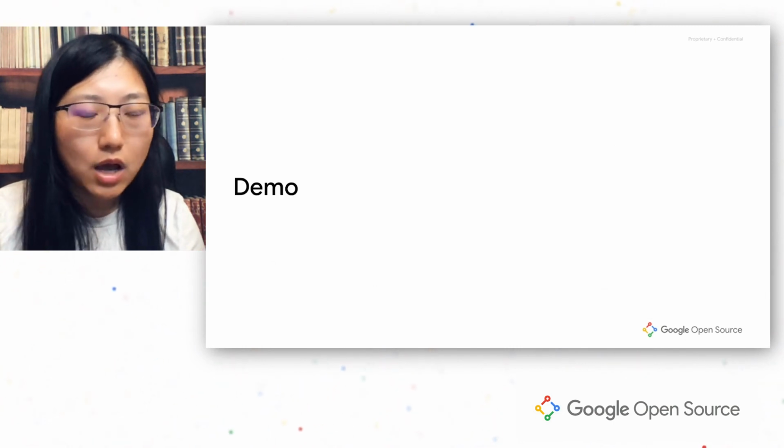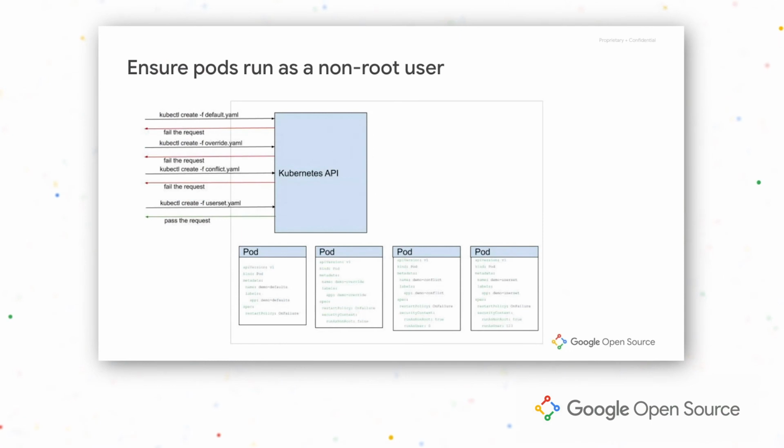And now let's take a look at a short demo. The demo use case is fairly simple. We want a validating admission webhook which ensures pods run as a non-root user. I have four examples of pods being created. The first one without runAsNonRoot being set at all.